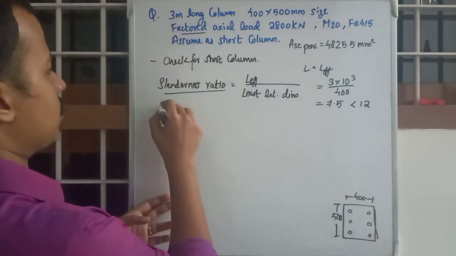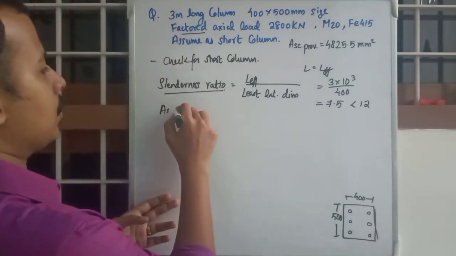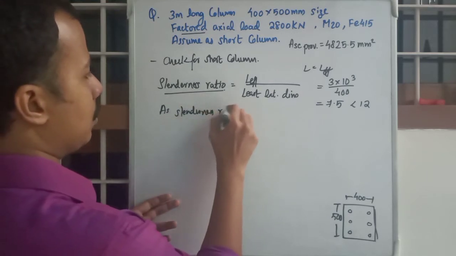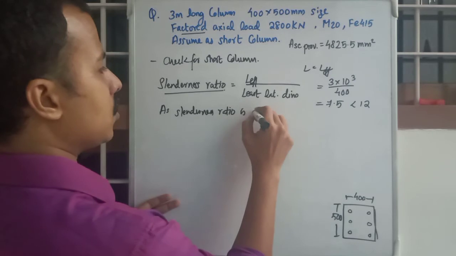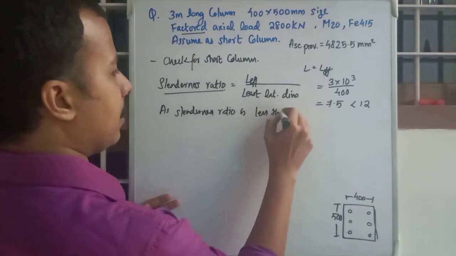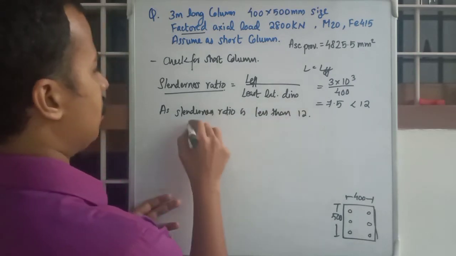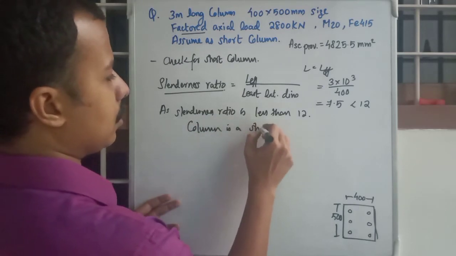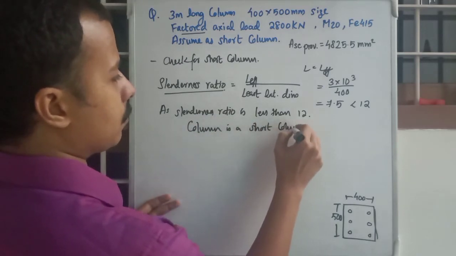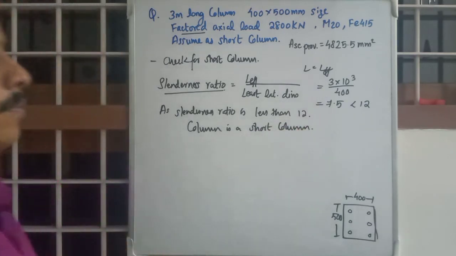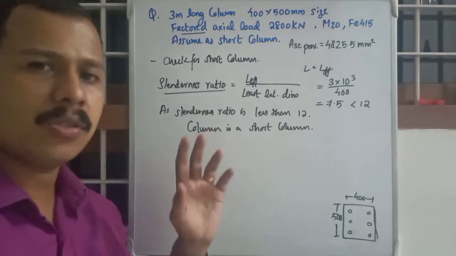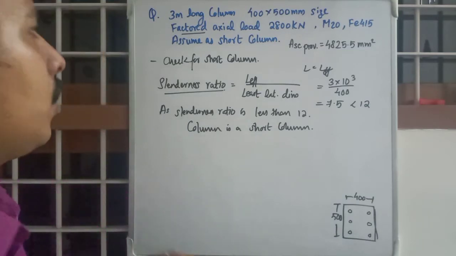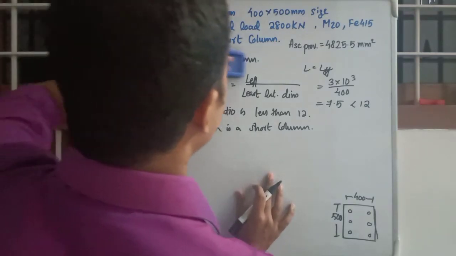As the slenderness ratio is less than 12, the column is a short column. So that was the check for short column. There is one more check. Check for eccentricity.